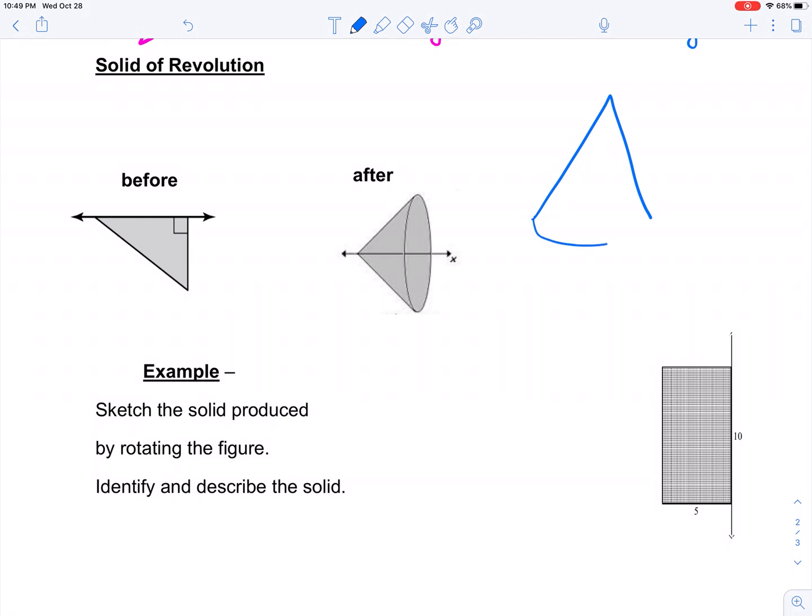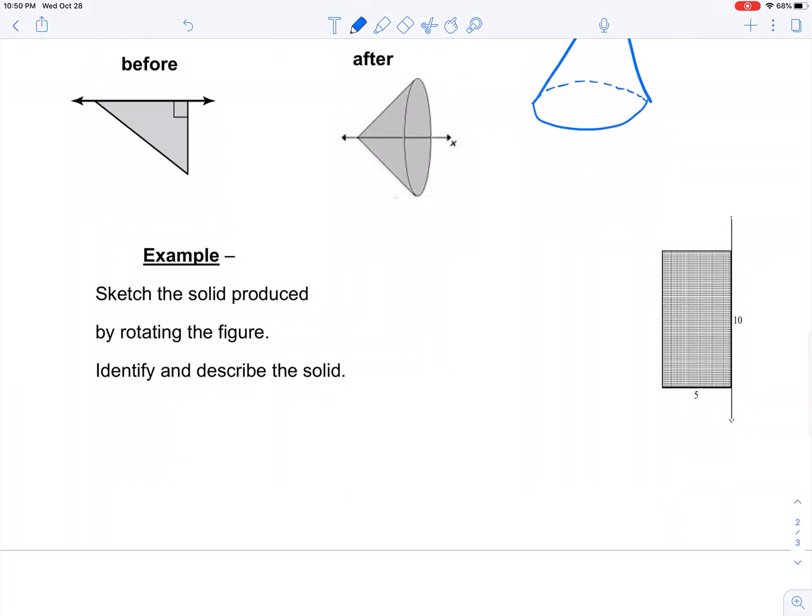It would turn out looking similar to that. Okay, so you're going to be given a figure and you have to do a few things. First, you have to sketch the solid produced. So looking at the rectangle, if you were to spin it around and around, you know it's going to be going in a circular rotation.